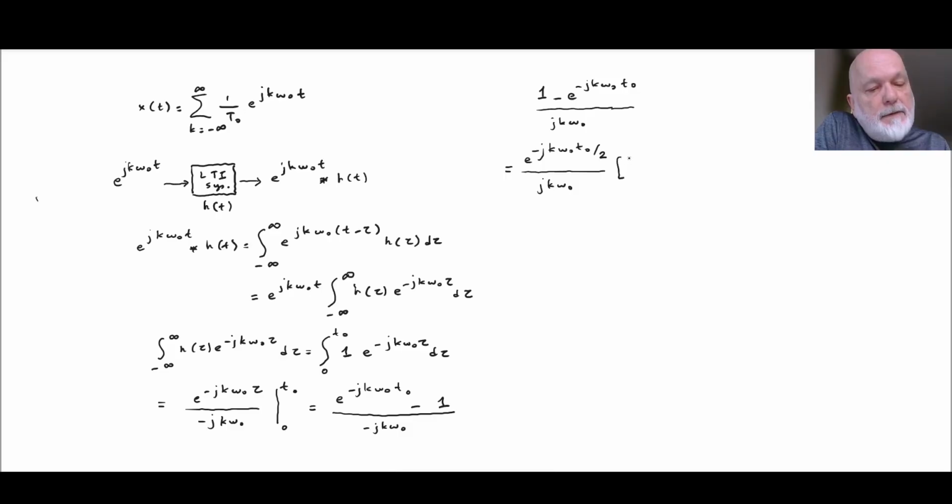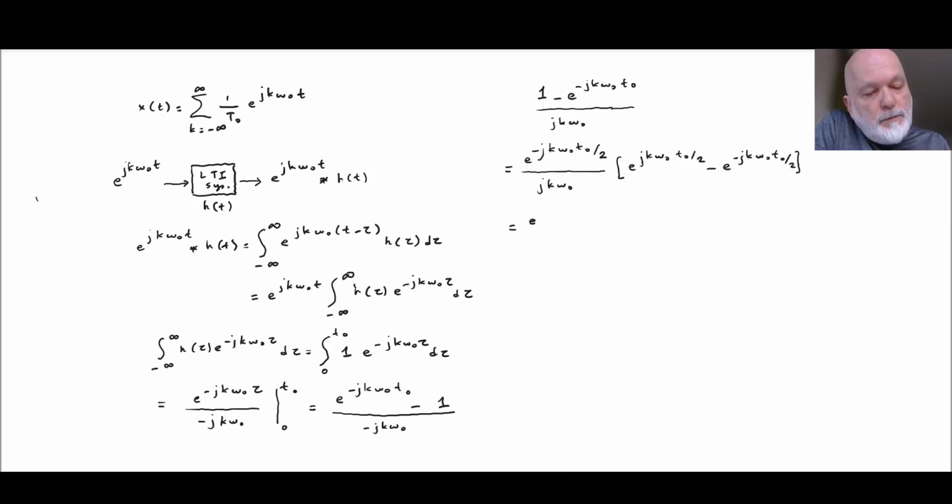Then write this expression as e to jk omega 0 t0 over 2 minus e to minus jk omega 0 t0 over 2. And we do the following.